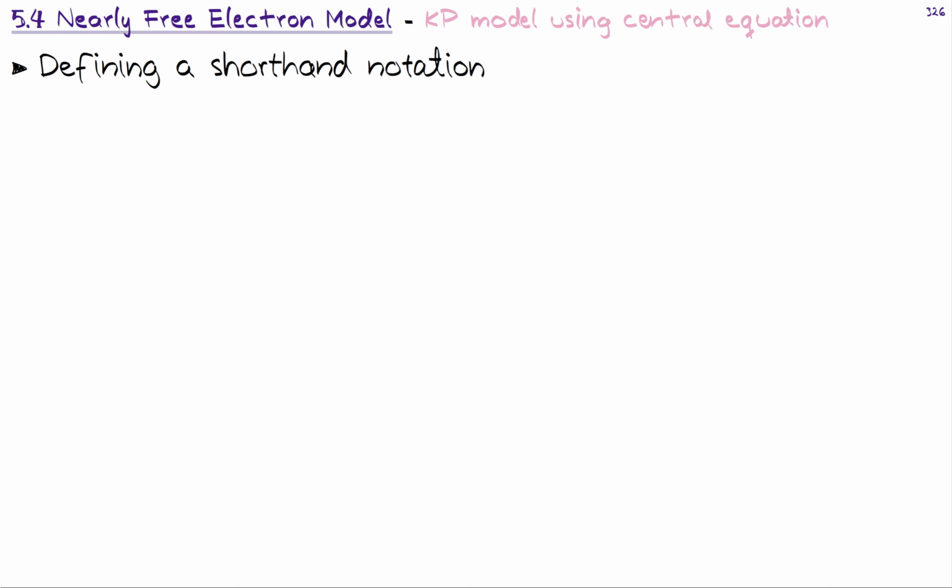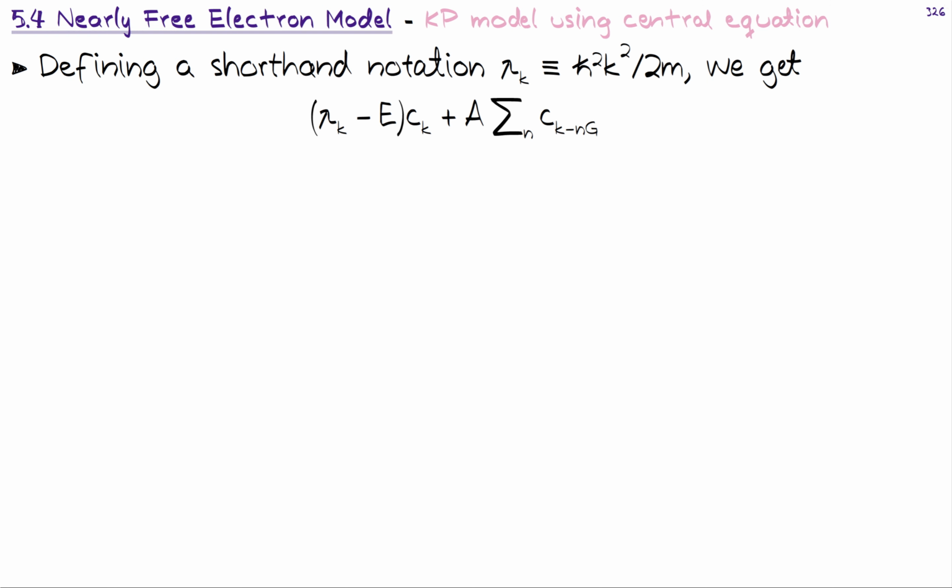We will further come up with shorthand notations that will simplify our derivation. Let's denote the kinetic energy term with lambda_k, so lambda_k equals h bar squared times k squared divided by 2m. With this, the central equation can be written in a slightly cleaner way: (lambda_k minus E), the energy, times the Fourier coefficient of the wave function c_k, plus A times the summation over the wave function Fourier coefficients.